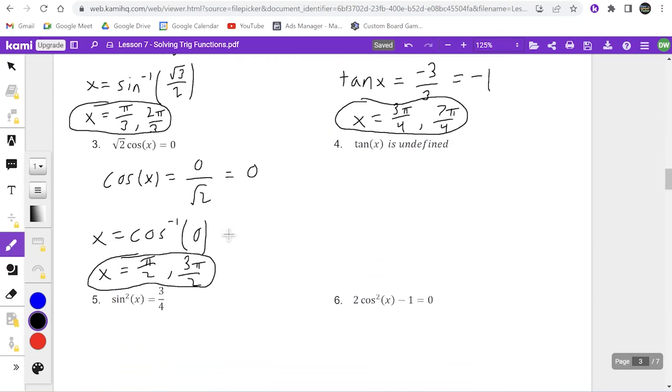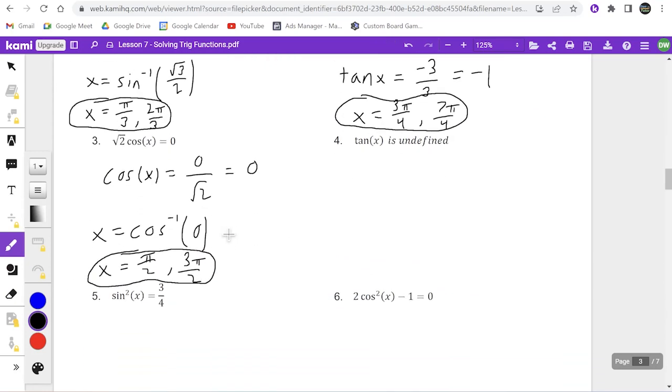Next, we have number 4. Tangent x is undefined. Hopefully you know what this is because we actually kind of talked about it already. Can anyone tell me what the answer is? The correct answer is x equals pi over 2 and 3 pi over 2. And again, the reason why is because if you look at the unit circle, that is where tangent is undefined.